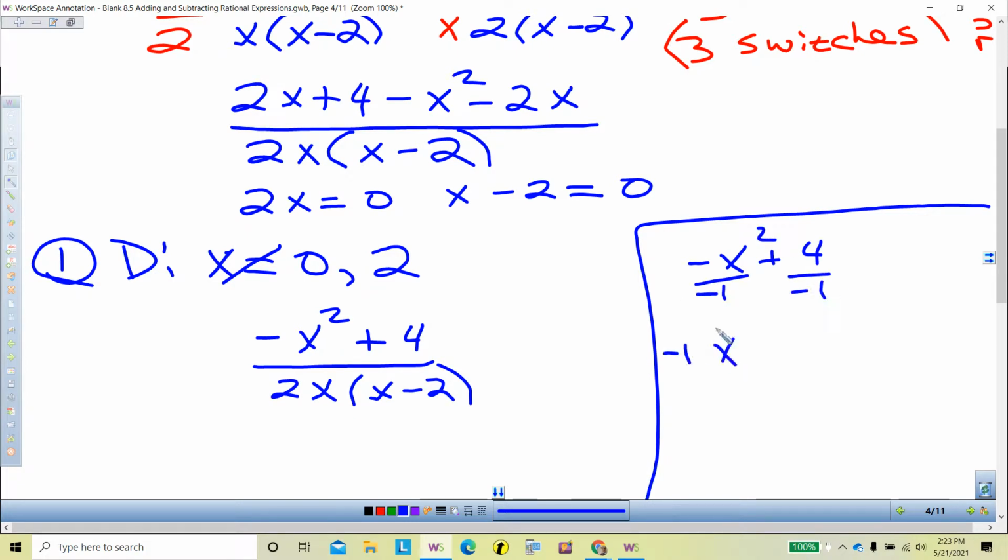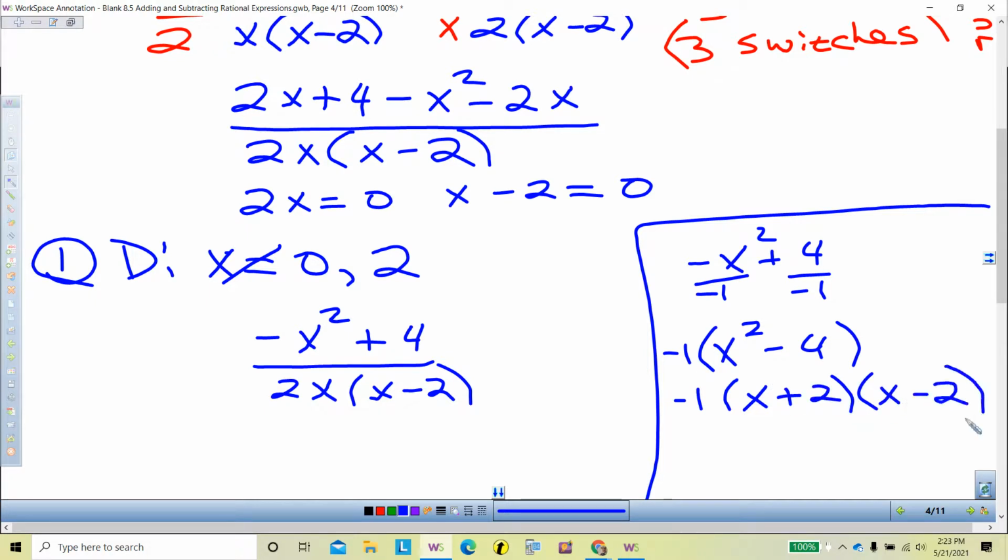Then I have negative 1 parentheses x squared minus 4. If you see that opposite sign thing with negative x squared plus 4, factor out that negative 1, and then x squared minus 4 factors to what? Plus 2, minus 2, good. So from that negative x squared plus 4, it turns into this over here.